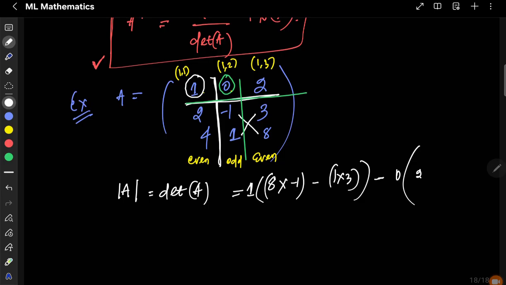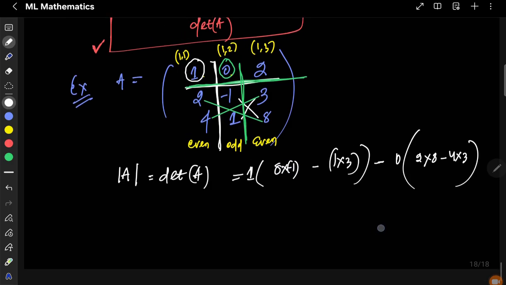Look at this green color one, you are ignoring this row and column. At that point you will have to multiply 2 with 8 and 4 with 3. Hopefully you guys are understanding the diagram. 2 with 8 minus 4 into 3, that is the way.